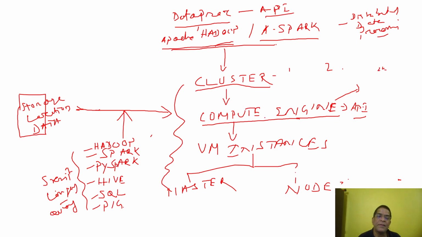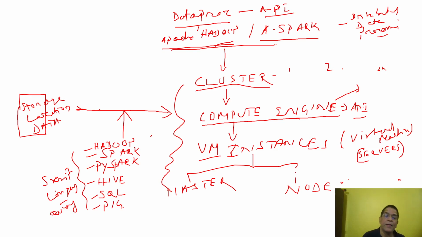In that compute engine, you have to create VM instances. VM means what? Virtual machines. That means you are creating hardware with software. You are creating servers. You are creating machines which will be created automatically by compute engine.